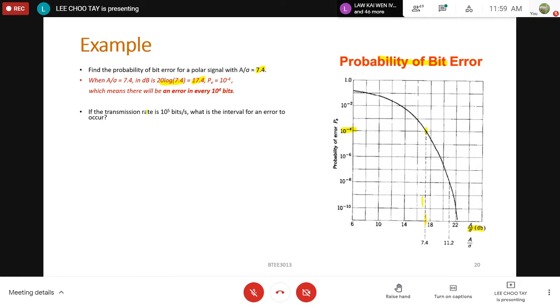So to find the interval for an error to occur, we just need to find how long it takes to transmit 10 to the power of 4 bits. With the bit rate of 10 to the power of 5, the interval is 10 to the power of 4 bits divided by 10 to the power of 5 bits per second, and that will give you 0.1 second.